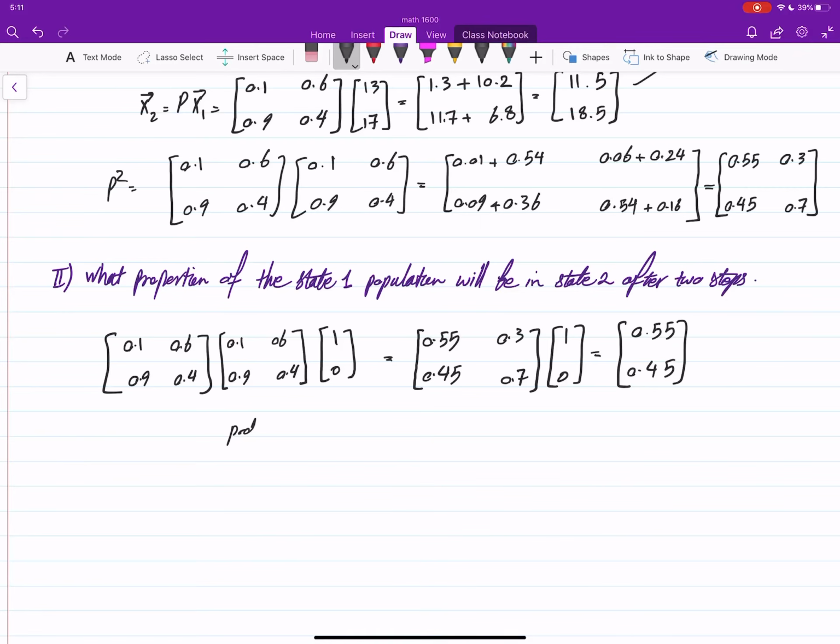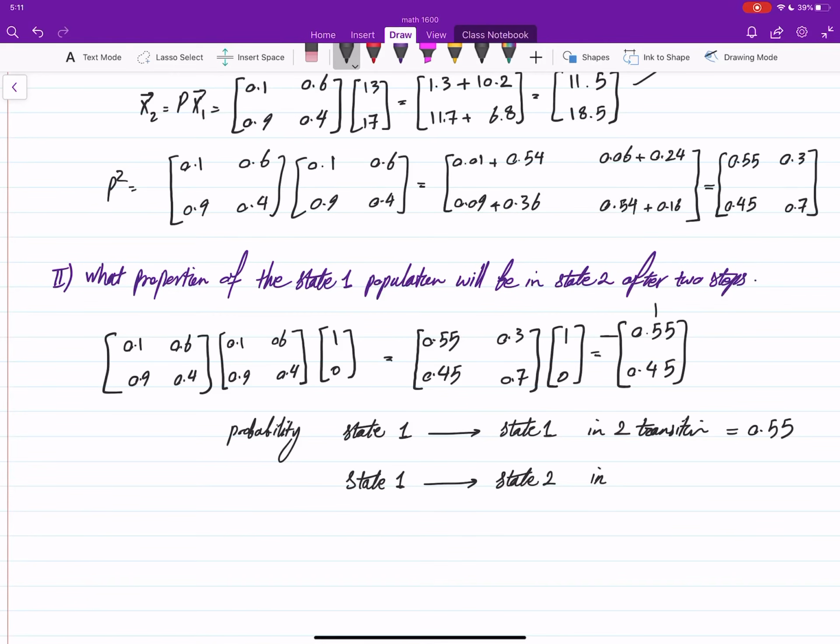In other words, the probability of state 1 going to state 1 in 2 transitions is equal to 0.55. From state 1 going to state 2 in 2 transitions is 0.45.